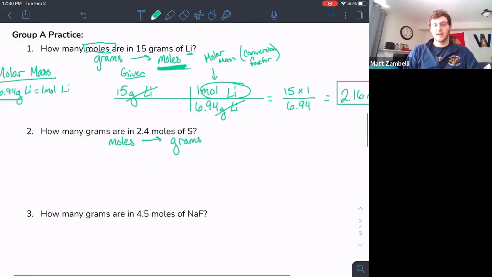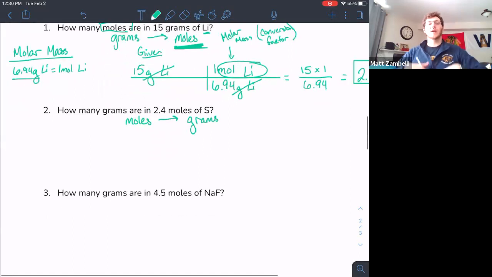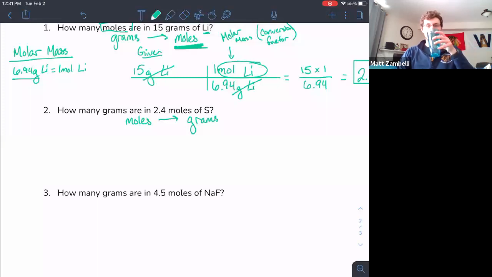Perfect. So in order to go from moles to grams, what do we have to know? What do we have to use? We need a conversion factor.